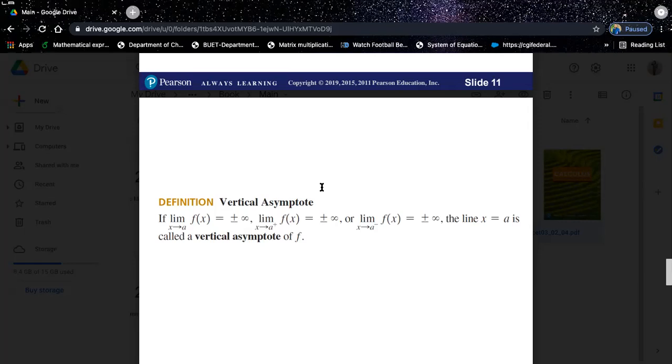You don't need to memorize the definition, and I'll not ask you to write it, but if you know the basic requirements, that should be enough. Whenever your function approaches either infinity, we say that the line x equals a is a vertical asymptote of that function.